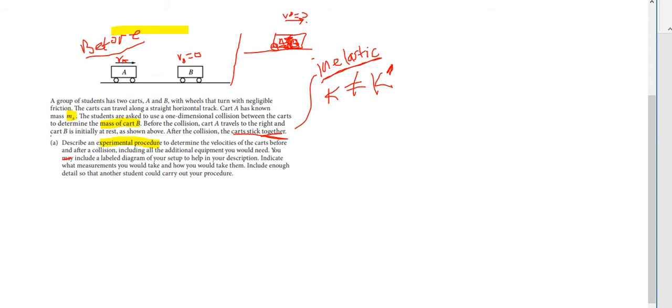This one's a little weird because the question itself is the students looking to determine the mass of cart B ultimately. But right here, describe an experimental procedure to determine the velocity of the cart before and after. Also, whenever you see the word collision, remember that usually has to do with conservation of momentum.